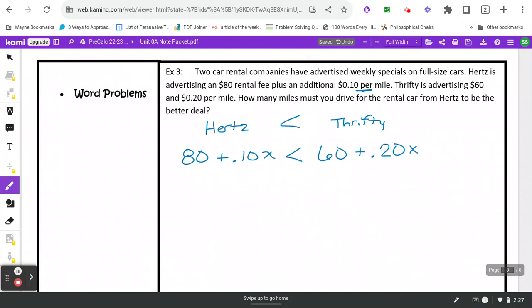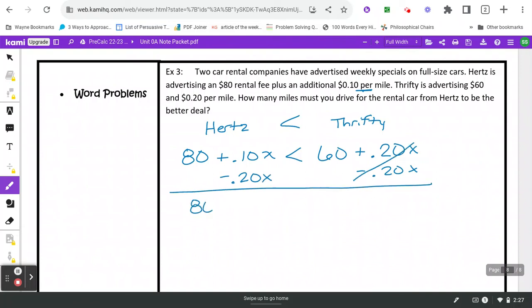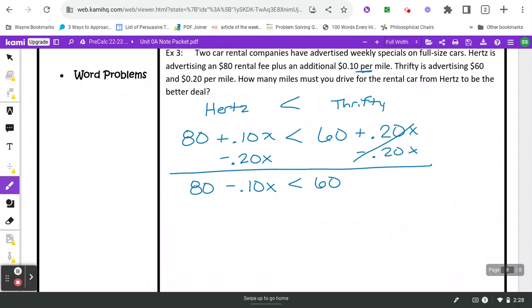Now for all inequalities, I like to move my x's to the left so that it's the first thing that shows up in my final answer. So I'm going to subtract 0.20x. And I'll subtract the 80.